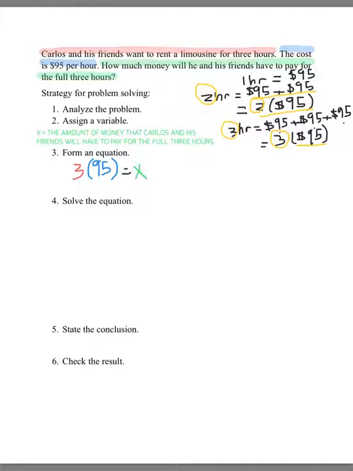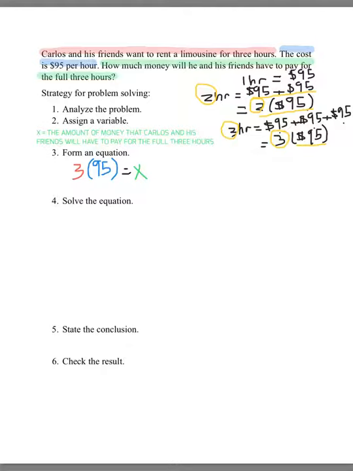So our equation is 3 times 95 equals x, where the 3 represents the number of hours they want the limousine for, 95 represents the hourly rate for the limousine ride, and x is the amount of money that Carlos and his friends will have to pay for the full 3 hours.